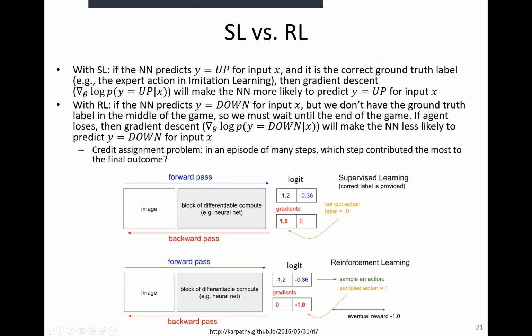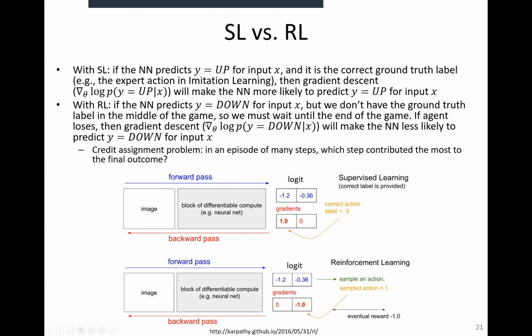So that's a simple case: you have a forward pass to compute the logit, and then you do a backpropagation. Suppose the correct action is up from an expert, you backpropagate to update the neural network parameters to make up more likely.